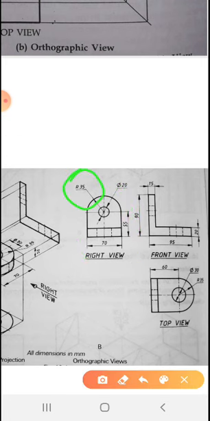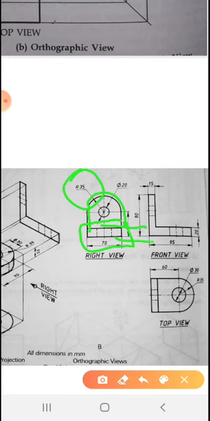The semicircular end has a radius of 35 mm. The horizontal plate of the bracket appears rectangular, and it is projected as a rectangle of height 20 mm.